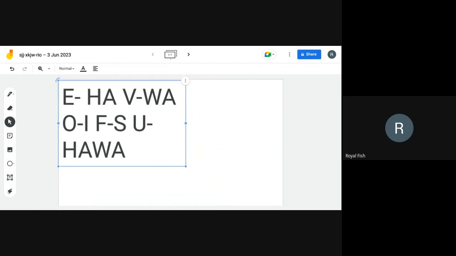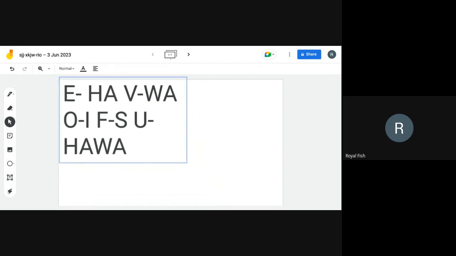Just because if you ever come across a Hebrew letter, I know a lot of times modern day Hebrew uses the E, the V, and the U. But in the Paleo Hebrew, there is no V, it is a Wa. And then the U is actually two letters put together, which would technically be E and V, which would be the U. And then you get the Hawa.